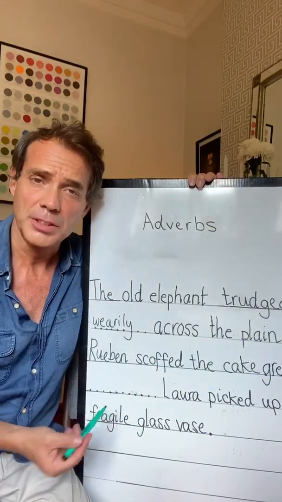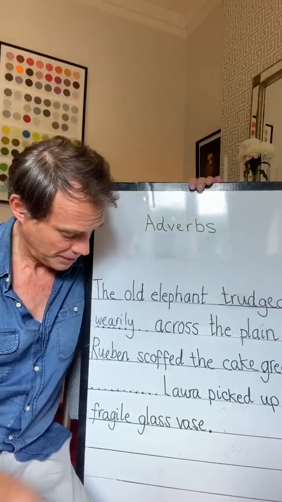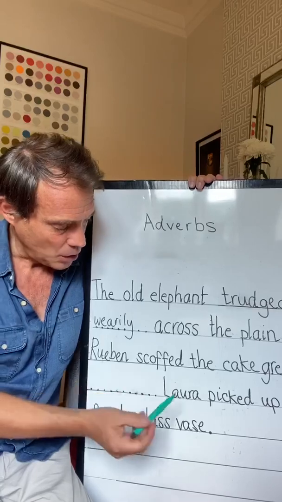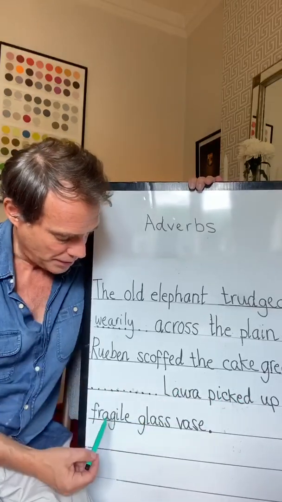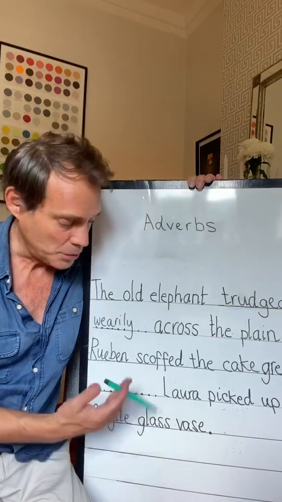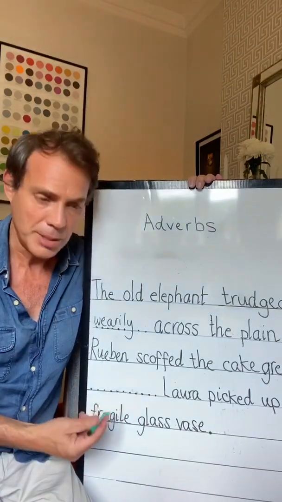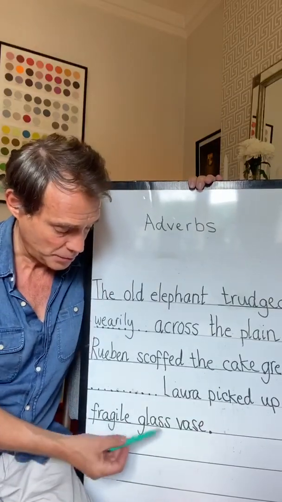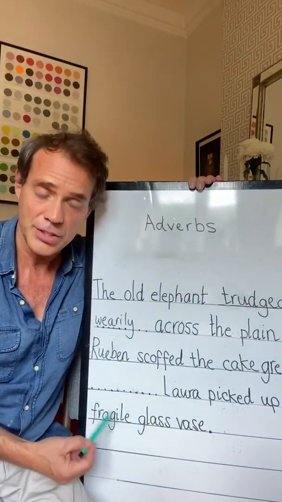Sometimes the adverb can go at the start of a sentence. Here's our missing adverb in this sentence. Something. Laura picked up the fragile glass vase. So we want to find a word here that describes how Laura picked up the glass vase. Now, the glass vase, we've got an adjective here. It's fragile.